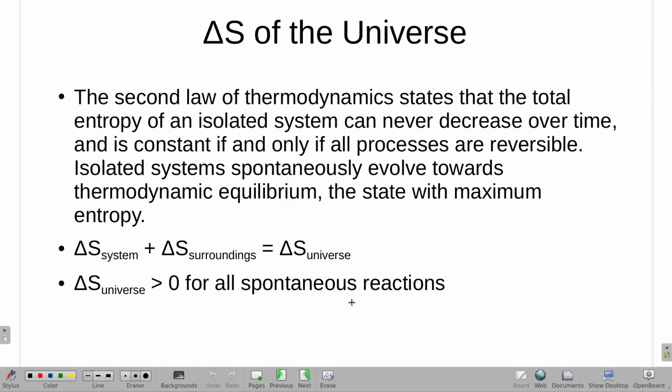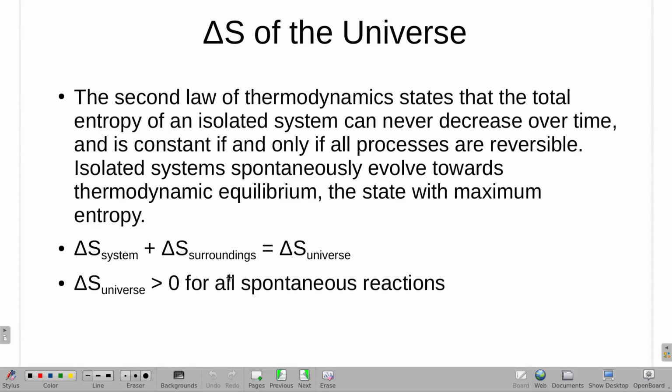So the actual second law of thermodynamics talks about the entropy, and it says that over time entropy goes up, or at least it should. Now, more importantly for us, since we're talking about chemical reactions, we're going to say that delta S of the universe needs to be an increase for spontaneous reactions.